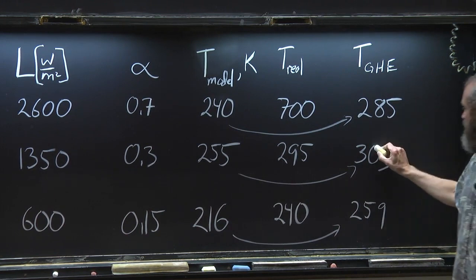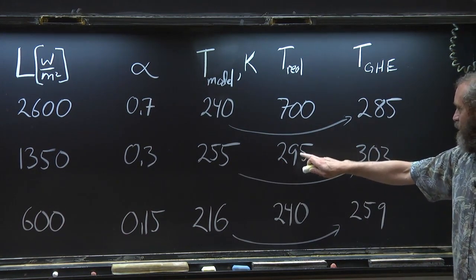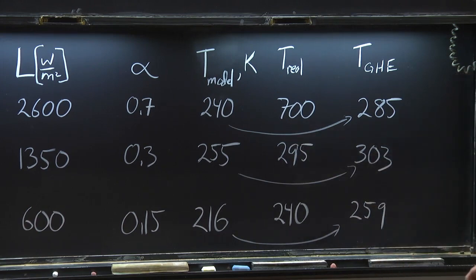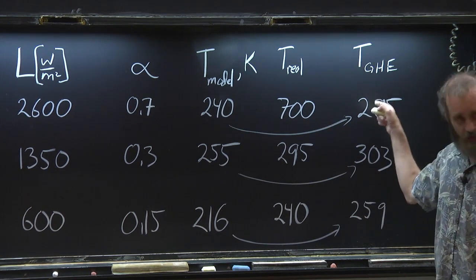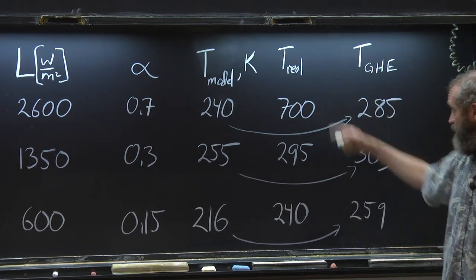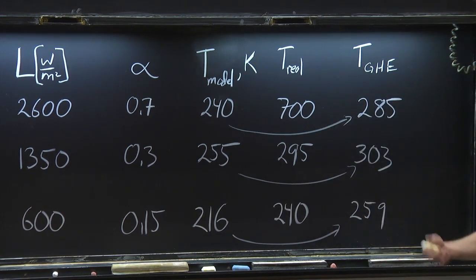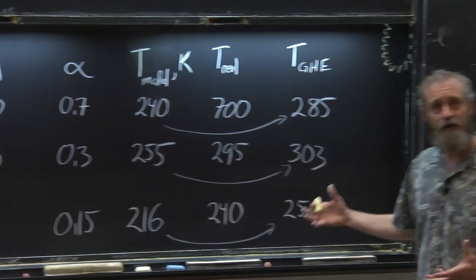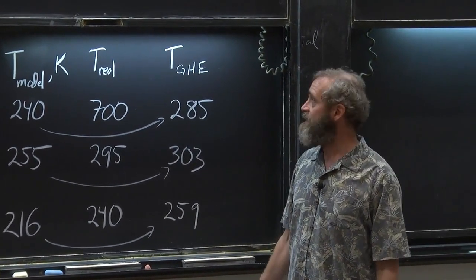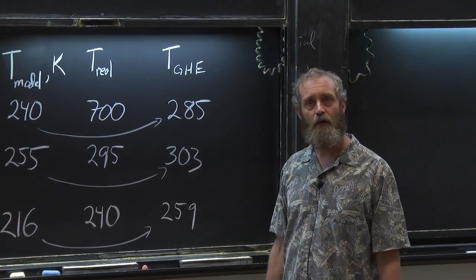So you can see that for the Earth, this greenhouse effect is a little more powerful than the reality. That's true also for Mars. But for Venus, we need a much more powerful greenhouse effect to build up this 700 degrees Kelvin, which is hot enough to melt lead on Venus. So it's sort of an approximation to the greenhouse effect, but we will learn about the complexities and the things that can make it stronger or weaker as we go on.